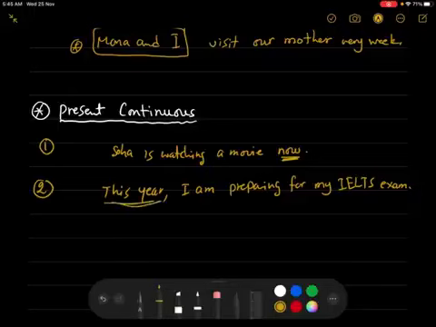In this example, I used this year. I mean that this year here is my present moment. It's like now. Now is a thin moment, but this year is a thick moment.